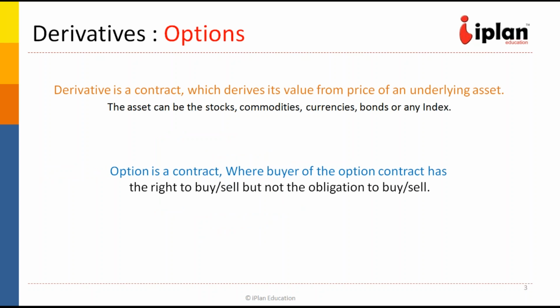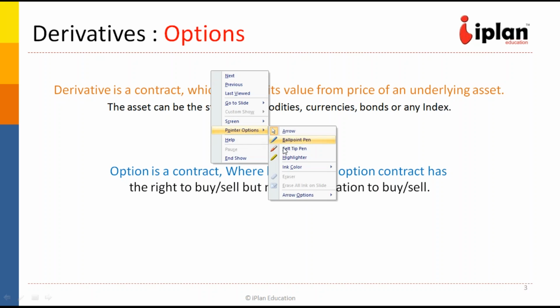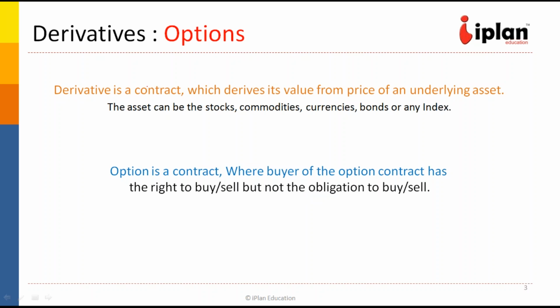If you recall from our previous classes, a derivative is a type of contract which derives its value from the price of an underlying asset. So if the price of the underlying asset changes, the price of the contract will change.